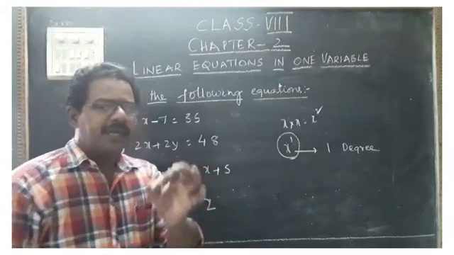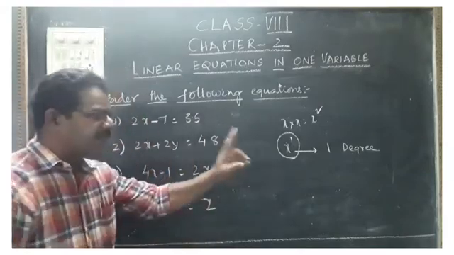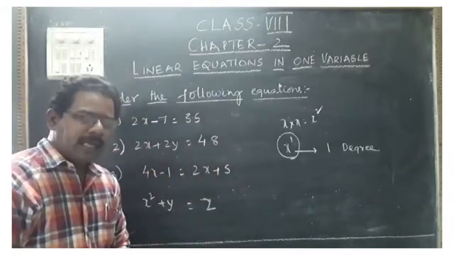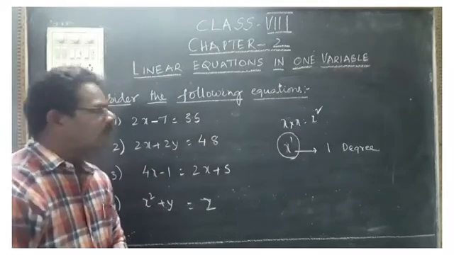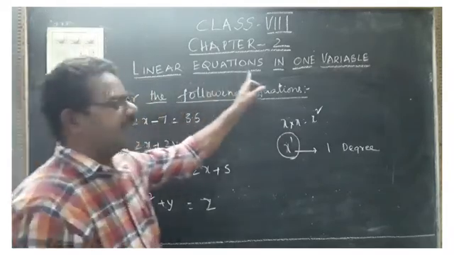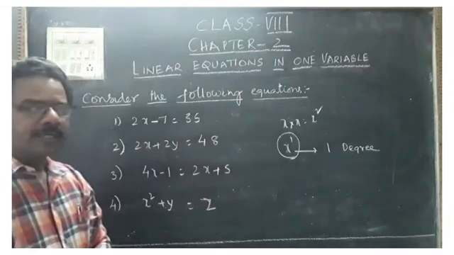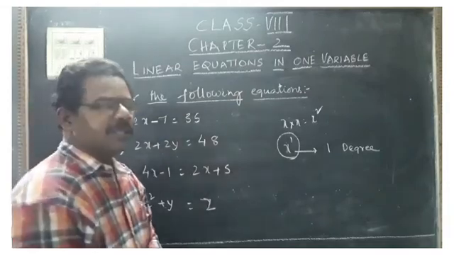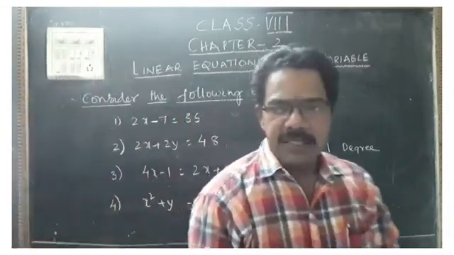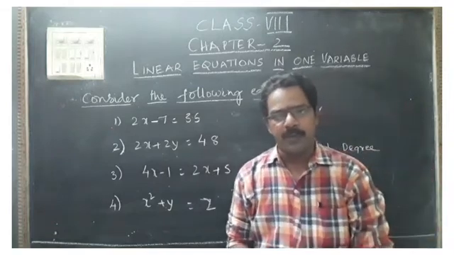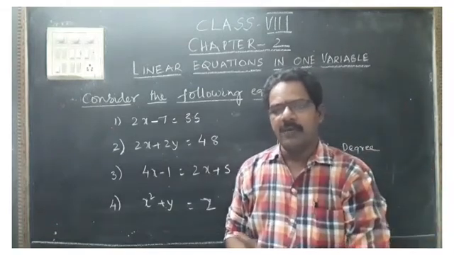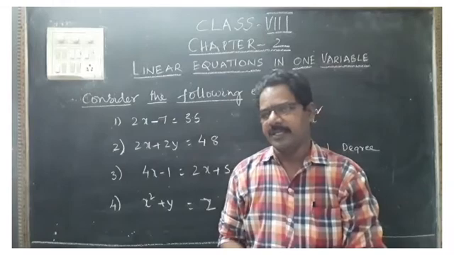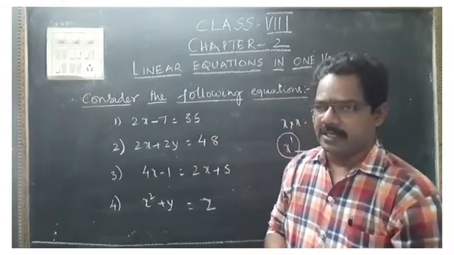If any equation has degree 1 only, then we can call that equation a linear equation. Understand? A linear equation is nothing but an equation in which the highest degree of the given variable is only 1. Then we can call it a linear equation. Otherwise, it is not a linear equation.